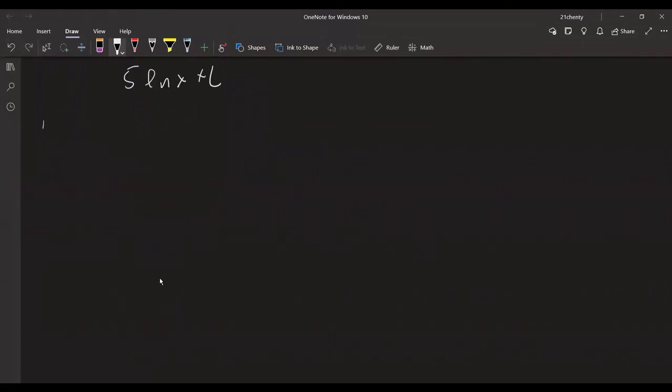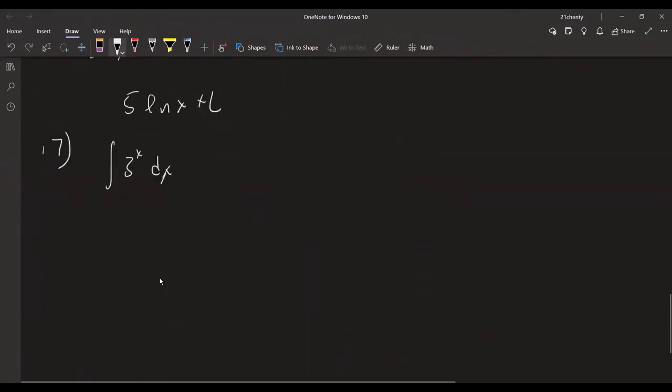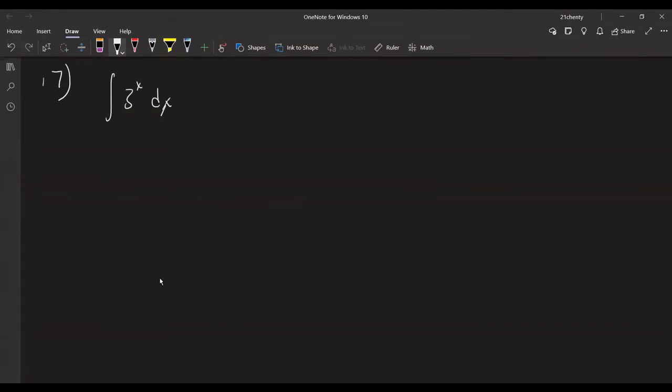Cool. 17. 3 to the x dx is just, what is it? It's this formula again. So just go 3 to the x over ln 3 plus c.